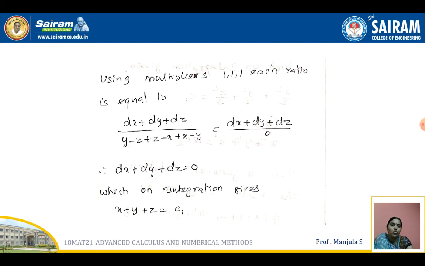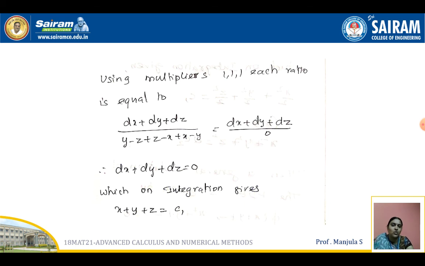Now here I am going to choose the multipliers as 1, 1, 1 for each ratio. So now dx plus dy plus dz. Numerator: 1 into dx plus 1 into dy plus 1 into dz, divided by the denominator, where the P, Q, R values are already there.